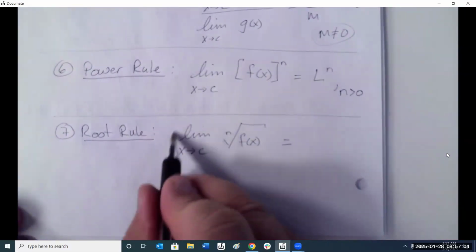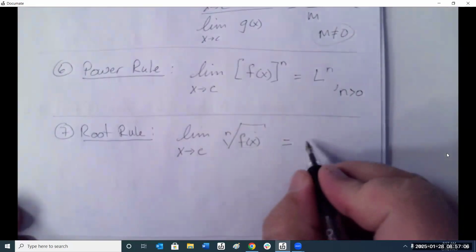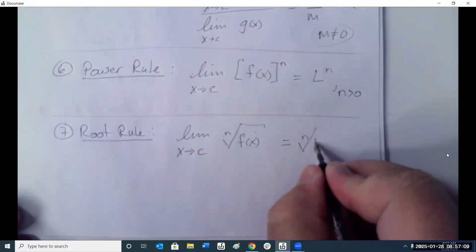So again, this limit affects only the function itself.